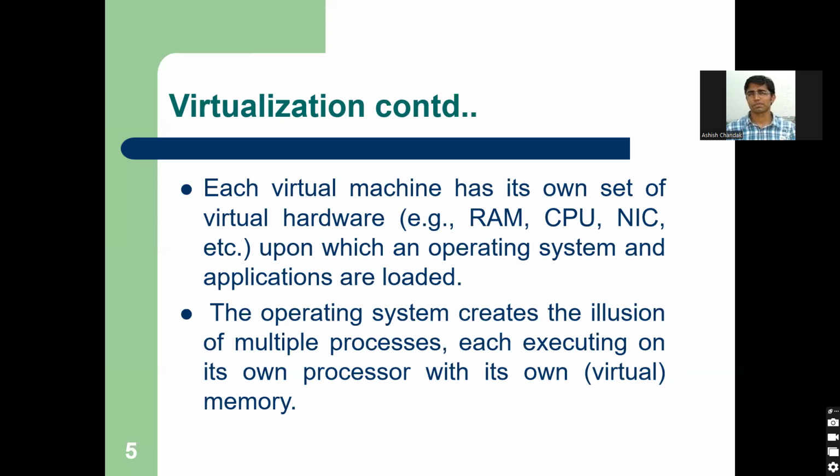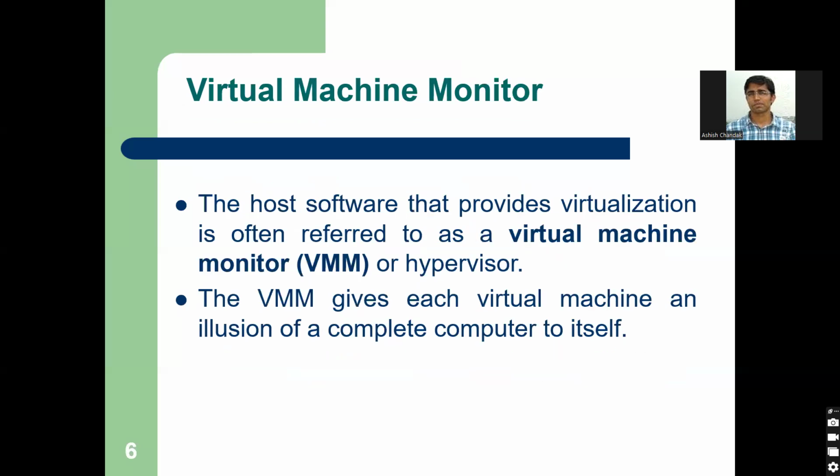So suppose you are running Linux on Windows, then in that Linux you can run internet also because NIC is also available. So the operating system creates the illusion of multiple processes, each executing as its own processor. So the same infrastructure or processor is available on the virtual machine to execute the processes.